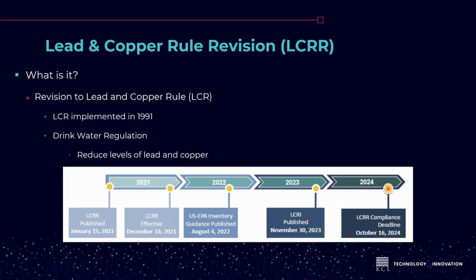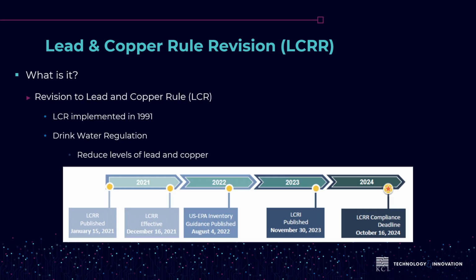So a little bit of background on the LCRR. Many of you probably are familiar with this already, but essentially it stands for Lead and Copper Rule Revision. There's also the LCRI, so many acronyms, but the Lead and Copper Rule Improvements. But essentially they are built upon the LCR, which was implemented in 1991.